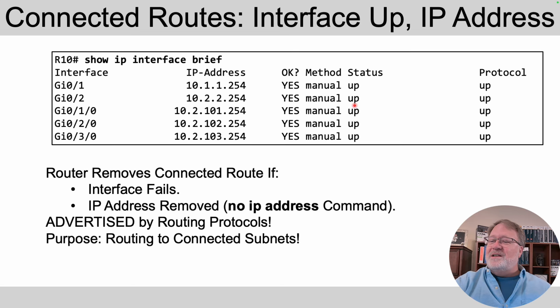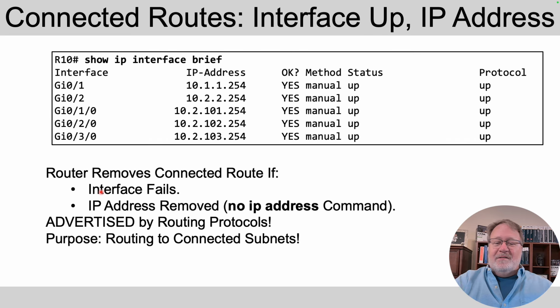Now, all 5 of these interfaces are up and up, and they all have IP addresses configured. So here's the deal. If an interface has an IP address configured and it's in an up and up state, the router adds a connected route for that interface. But if the interface fails or you remove the IP address or both, then the router removes the connected route from the routing table, all right?